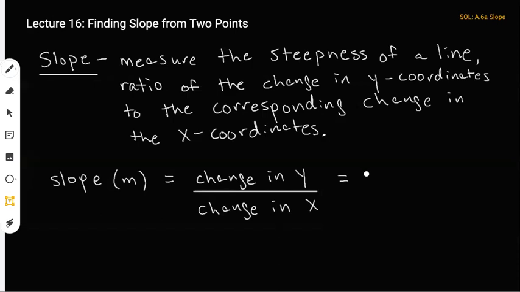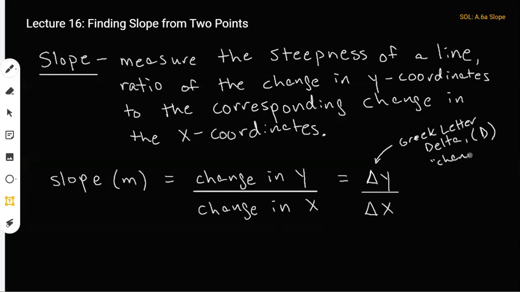So another way you can write that is delta y on the top of the fraction and delta x at the bottom of the fraction. So this is going to be the Greek letter delta, or d. That's going to stand for change. So that literally means change in y on the top and change in x on the bottom.